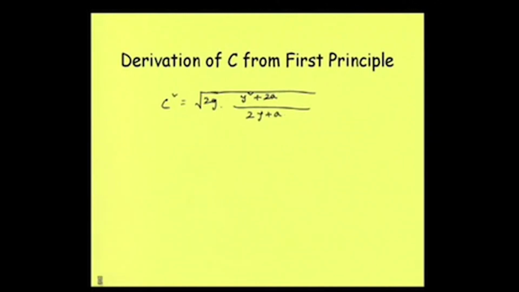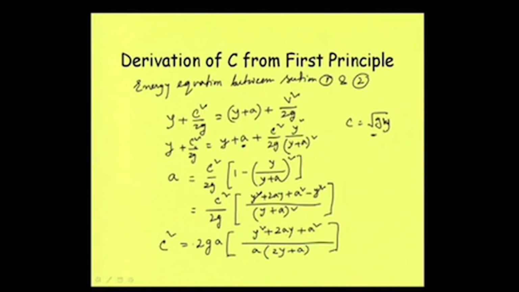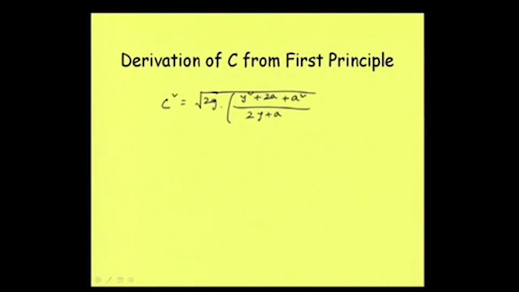Let me start from this expression again: y square plus twice a y plus a square divided by a times twice y plus a. This a and a are getting cancelled. So what we are writing is twice g, and in this part we write that expression, plus a square. Now as we know, a itself is very small, so this a square term we can put equivalent to 0, or say it is negligible.